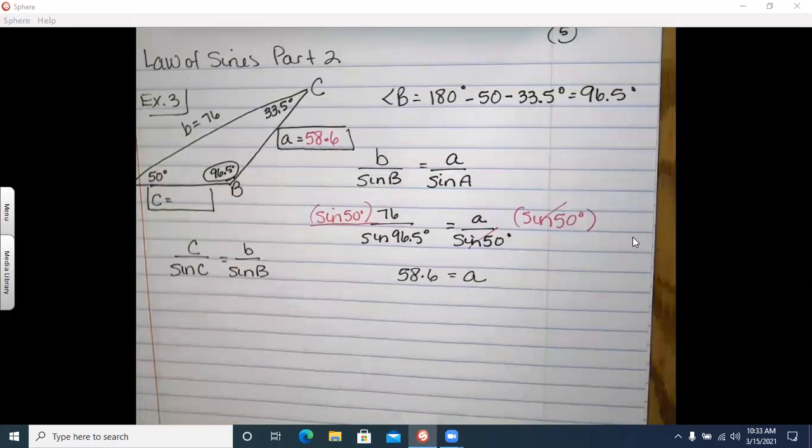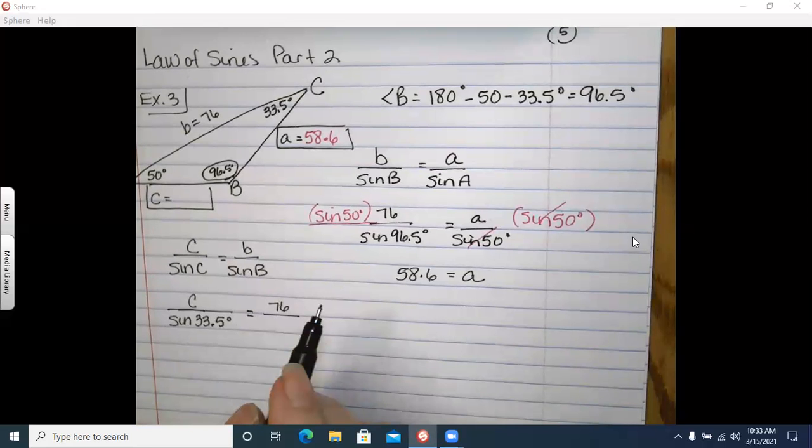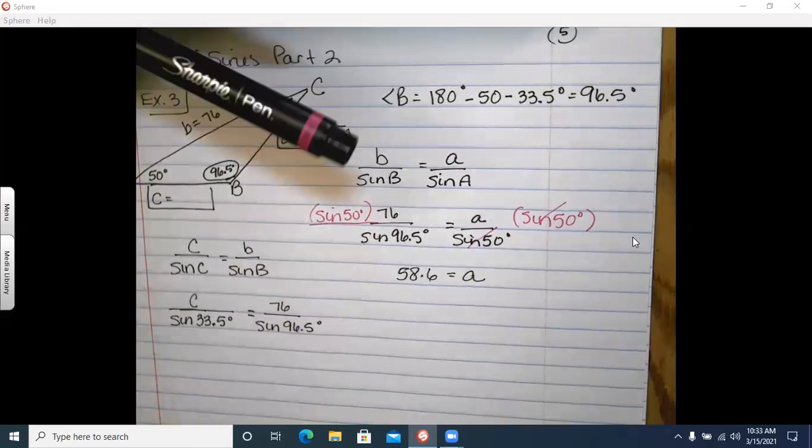So we don't know C, but the sine of C is 33.5 degrees, equals B is 76 over the sine of B, so the sine of 96.5 degrees. So on this one, what are we going to do? Exactly, multiply both sides by the sine of 33.5 degrees.